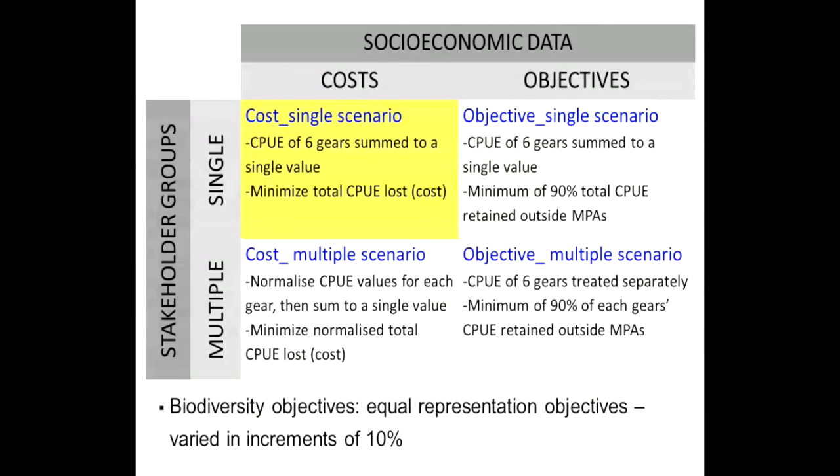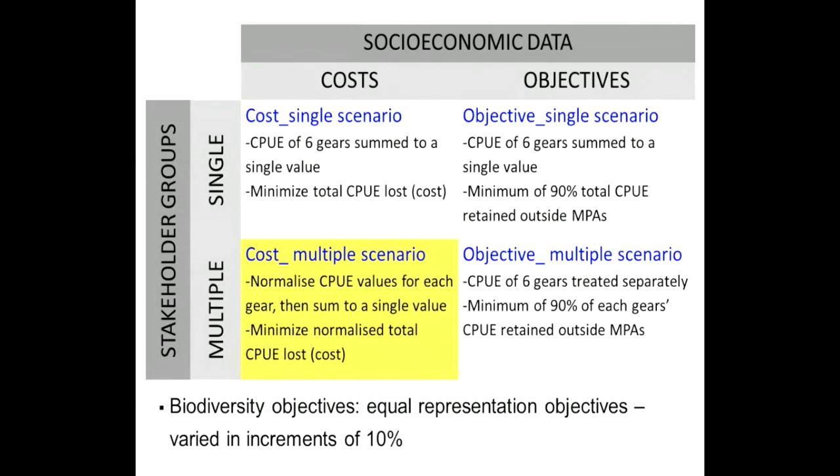So going back to this first scenario, this is a typical approach that tends to be employed in planning, and here stakeholder groups are considered as a single group, done by summing the CPUE values to form a single value and then treating that as a cost to be minimised whilst meeting biodiversity objectives.